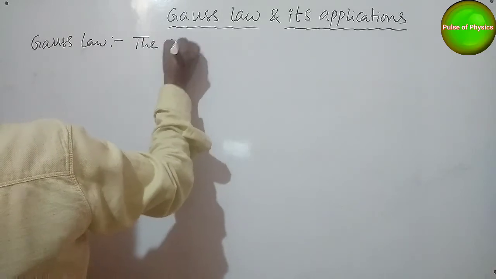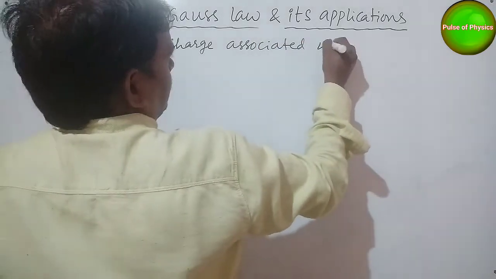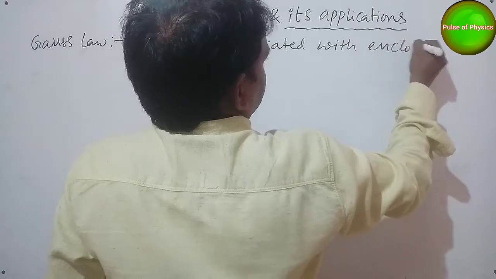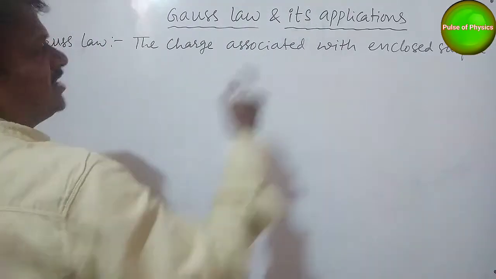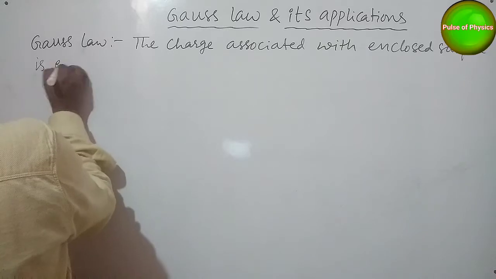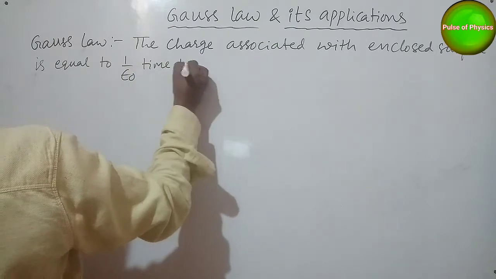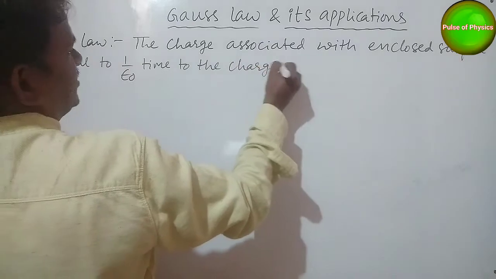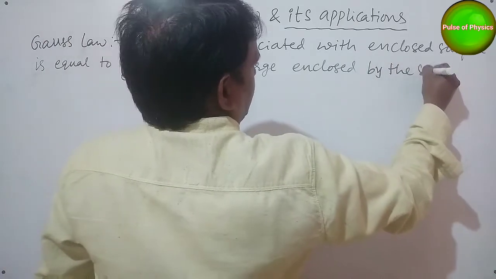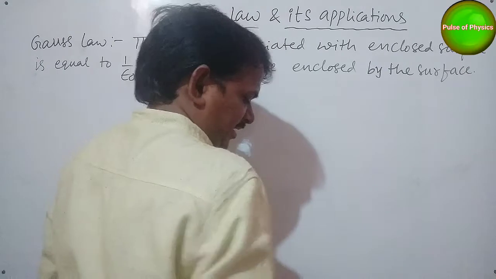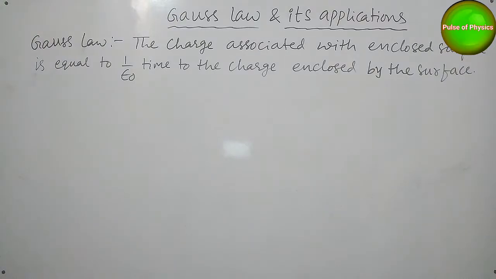The flux associated with the enclosed surface, also called the Gaussian surface, is equal to 1 by epsilon naught times the charge enclosed by the surface.